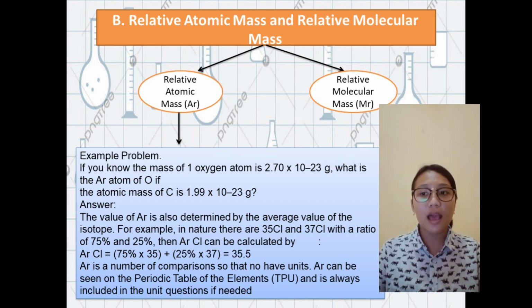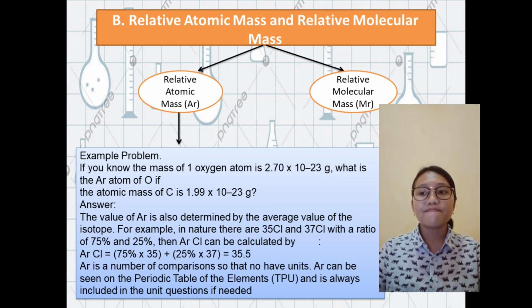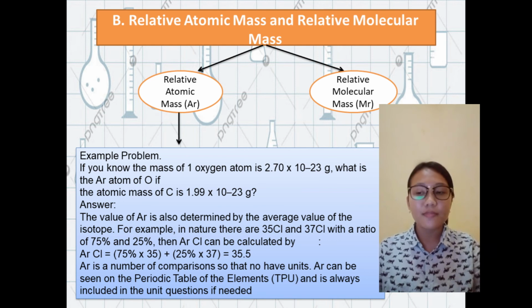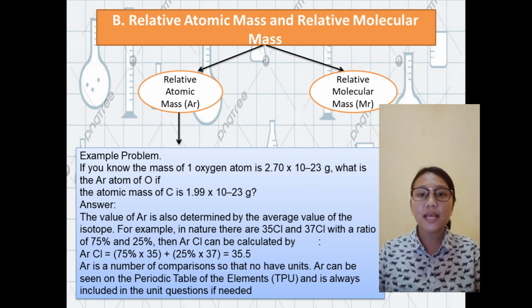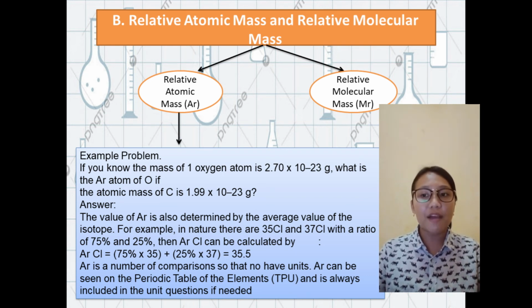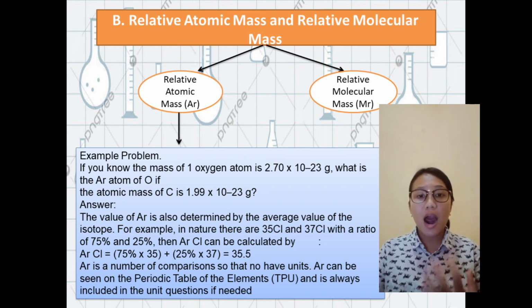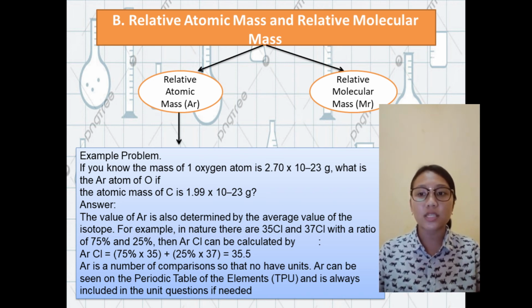Then Ar Cl can be calculated: Ar Cl equals 75% × 35 plus 25% × 37, which equals 35.5. Ar is a number of comparisons, so it has no units.